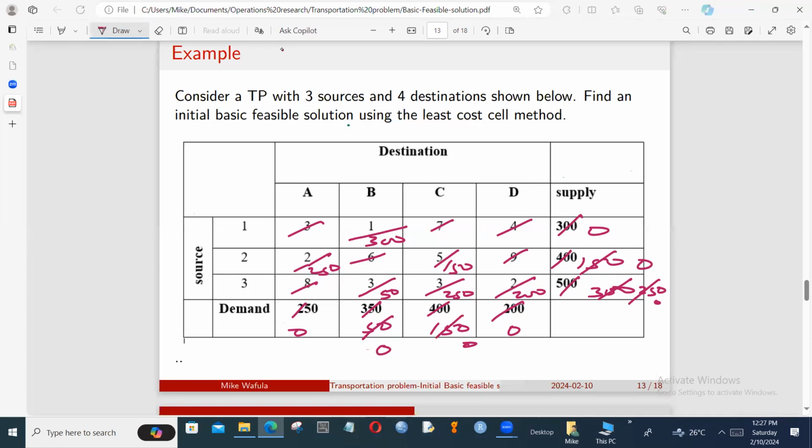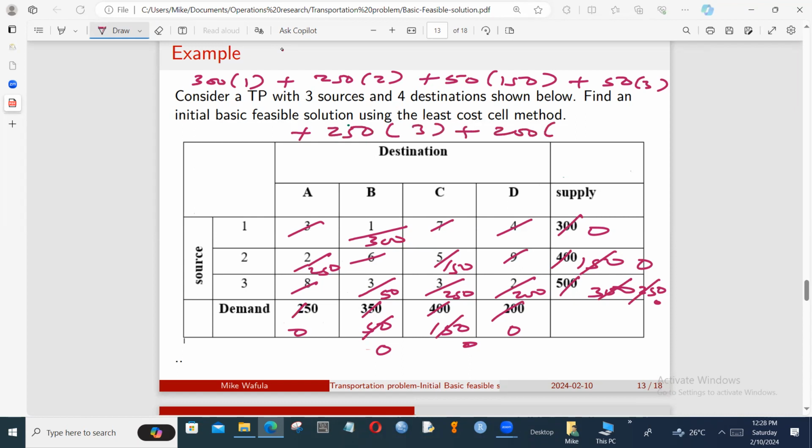We have now begun with another cell of 3, instead of the other one. So I think this is what I had used. So I'm talking of 300 times 1 plus 250 times 2 plus 150 times 50 plus 50 times 3 plus 50 times 3 plus 200 times 2.